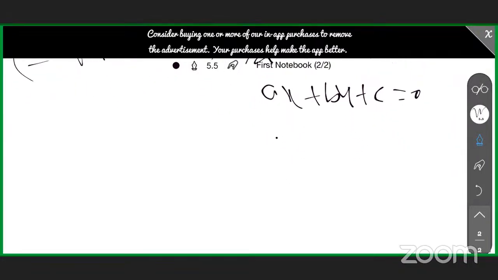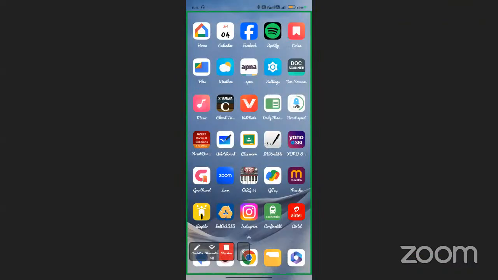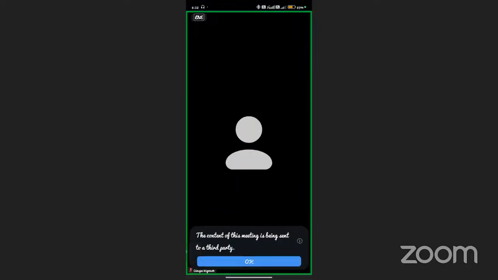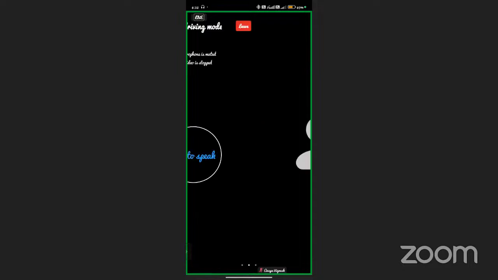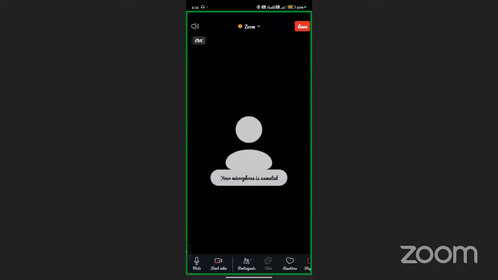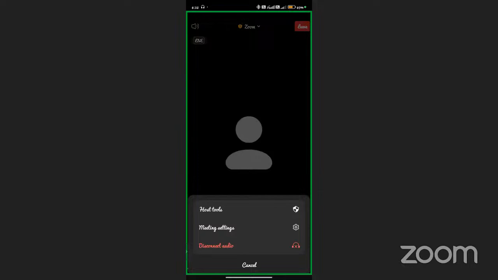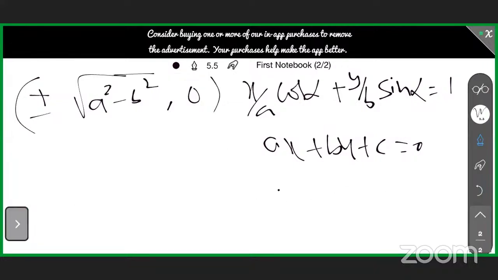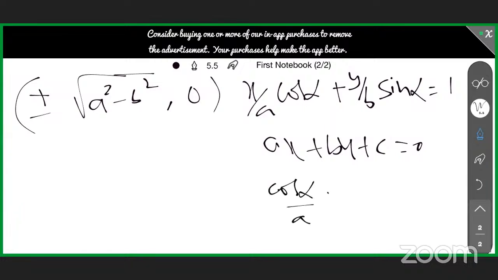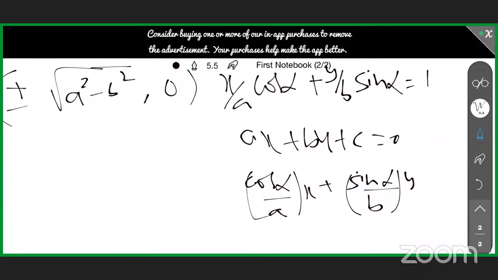So the a value is cos alpha by a into x, and the b value will be sin alpha by b into y, minus 1 is equal to 0.